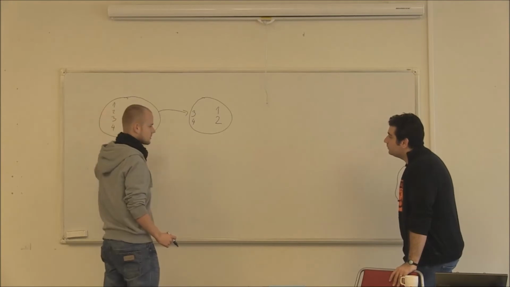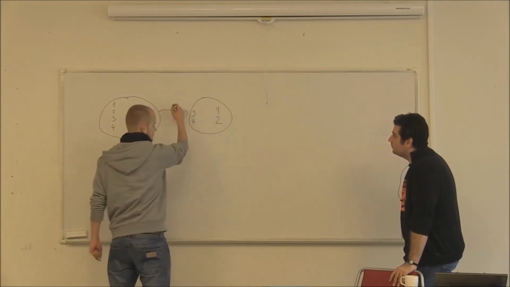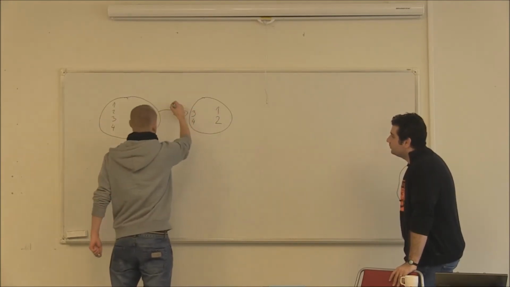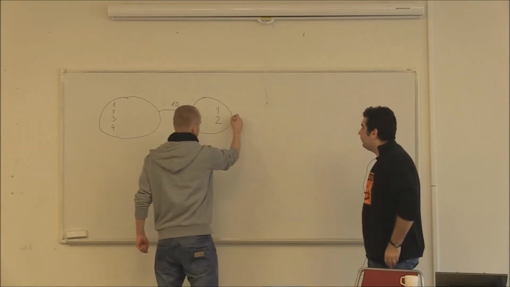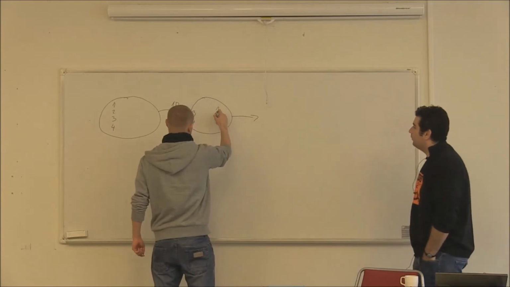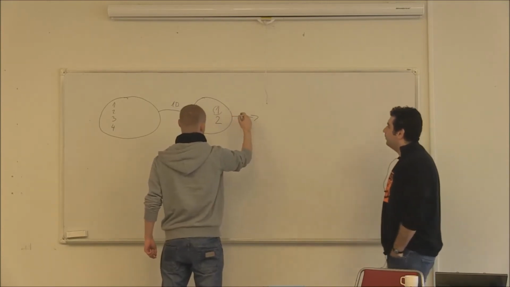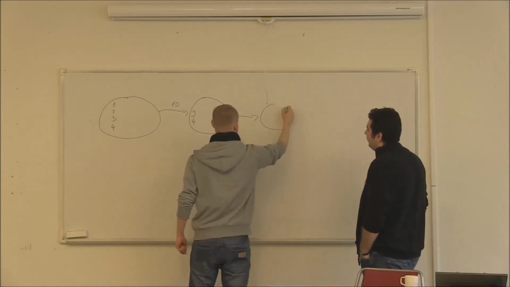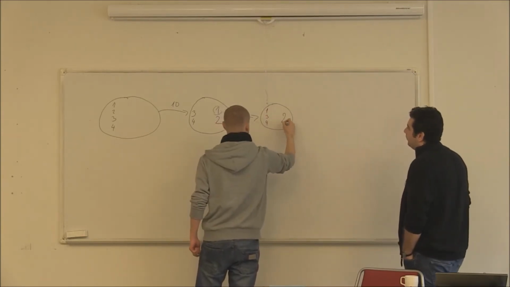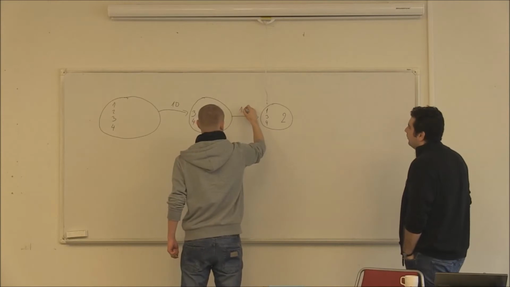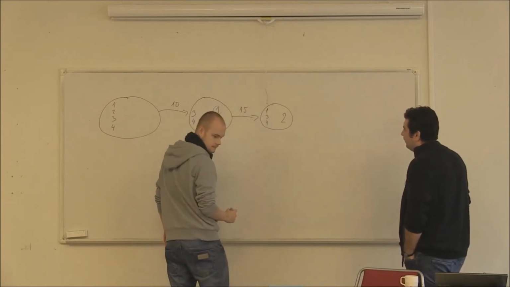So 1 and 2 will cross the bridge, so it will take us 10 minutes. Then we return this guy. So the state is 1, 3, 4, and it takes us 15 minutes.